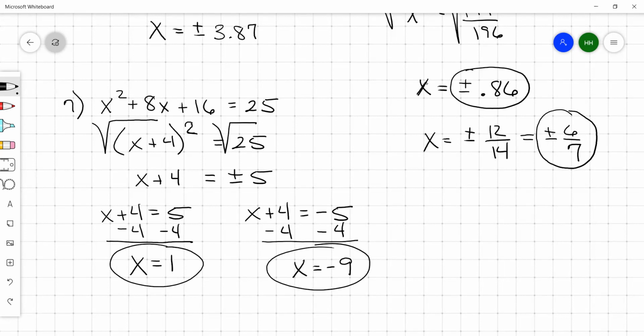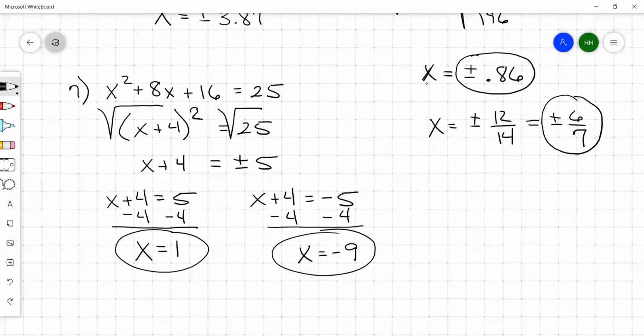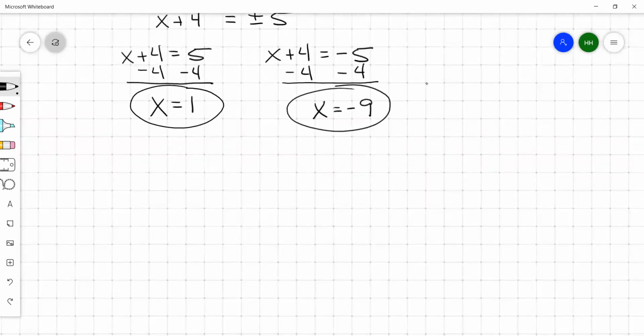And problem number 8 is another perfect square problem. You got x squared minus 10x plus 25 equals 49.